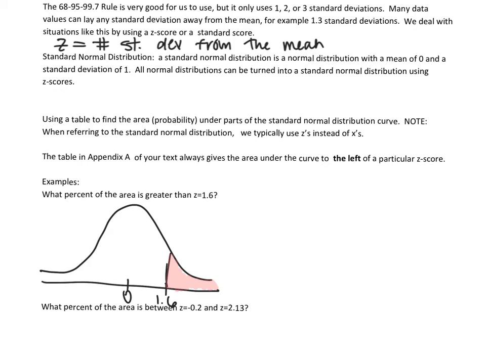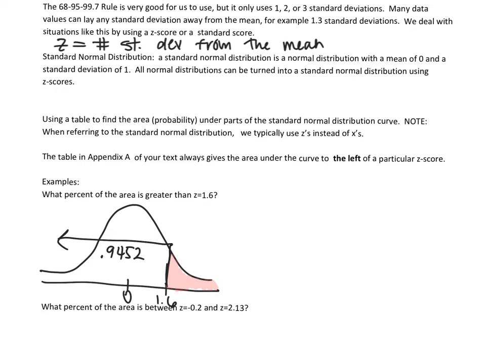If you look at your z-score table, you go to 1.6, and then you have 2 decimal places, so for our purposes it'd be 1.60. And remember, this is always the area under the curve. So it's 0.9452. So the percent that's to the left of 1.6 is 0.9452.